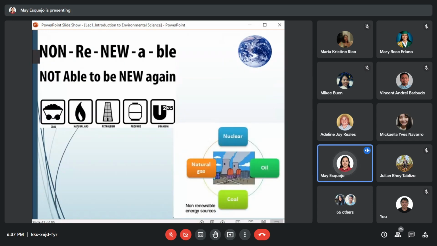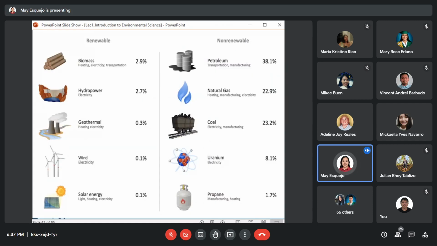Of course, you know the renewable and the non-renewable. So the name itself, for non-renewable, these are resources that cannot be renewed again. While the renewable, these are resources na nare-replenish pa and then can be continually utilized. So here are examples of renewable and non-renewable resources.